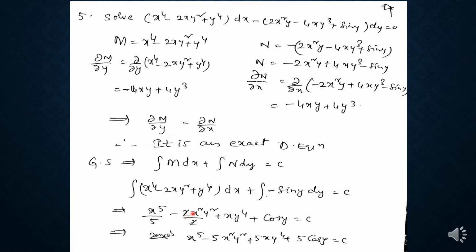So 2x² by 2 into y², plus, here y⁴ is the constant, y⁴ into integral dx, that is xy⁴, plus integral minus sin y. Integral sin y dy is minus cos y. Minus into minus becomes plus cos y is equal to c.